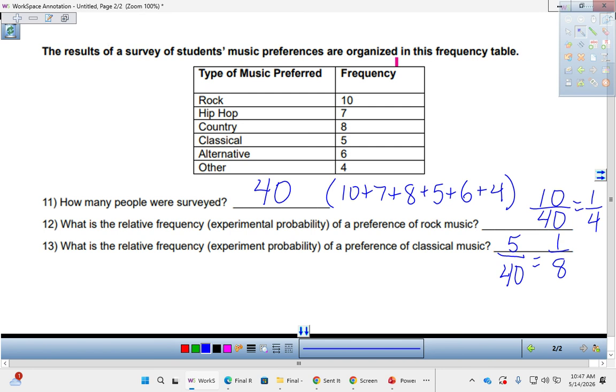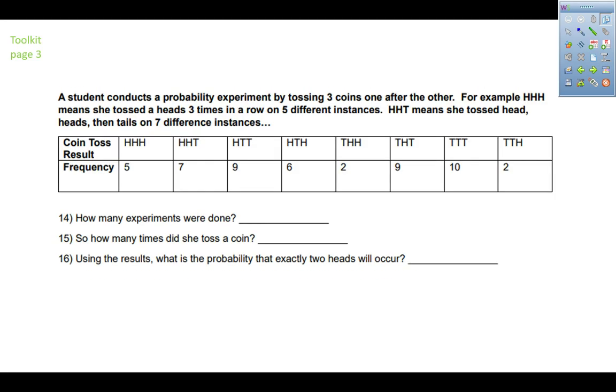Questions there? The next example is a little more confusing, not because of the table, but because the actual experiment itself is kind of confusing. It says, a student conducts a probability experiment by tossing 3 coins one after another. For example, HHH means that she tossed heads 3 times in a row on 5 different instances.